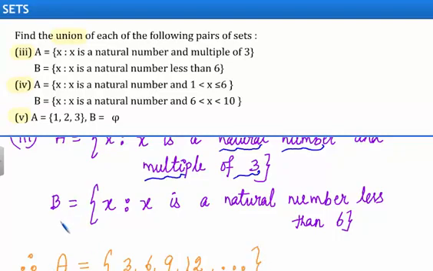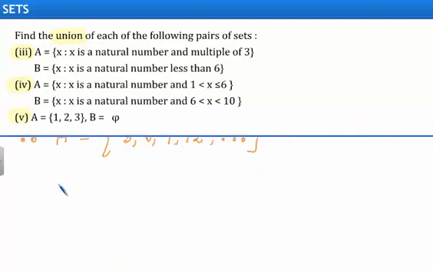Next we have B is equal to set of X such that X is a natural number less than 6. Therefore, set B is equal to set of elements 1, 2, 3, 4, 5.